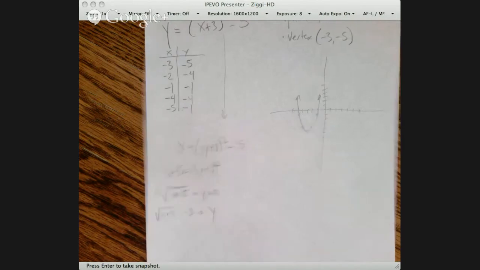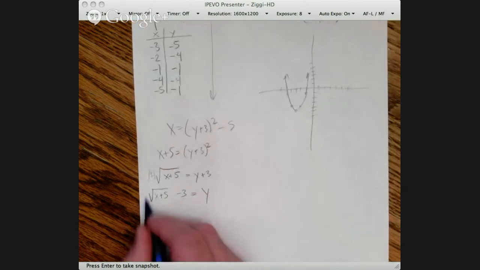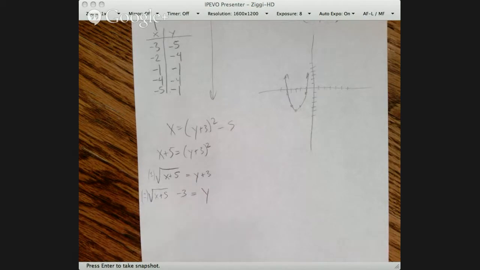Now, we did a parent function thing about square roots a little bit earlier. Again, I forgot to put my little plus and minus in parentheses. What we need to remember is that the parent function of this is a square root. I can tell you that its start, we're not going to call it the vertex because it's not exactly the same thing, is at -5, -3.